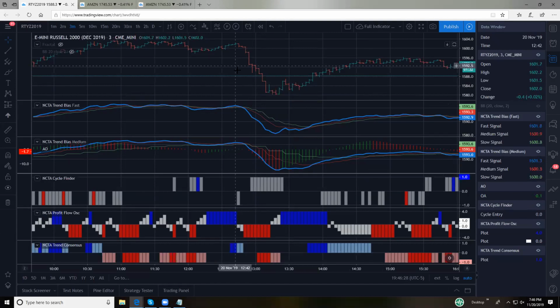But that is all by itself a very, very consistent method. And that method, the A method all by itself, is averaging just over 20 points a day. And you're generally going to have maybe 4 or 5 trades.